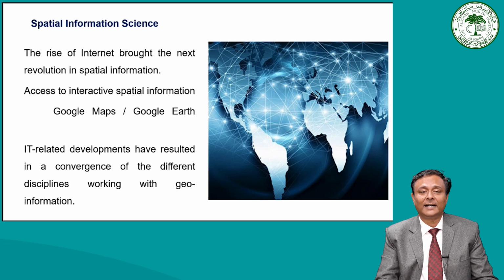So this was another level of improvement in spatial information, access to spatial information and usage of spatial information. These IT related developments have resulted in convergence of different disciplines working with geoinformation or the spatial information.